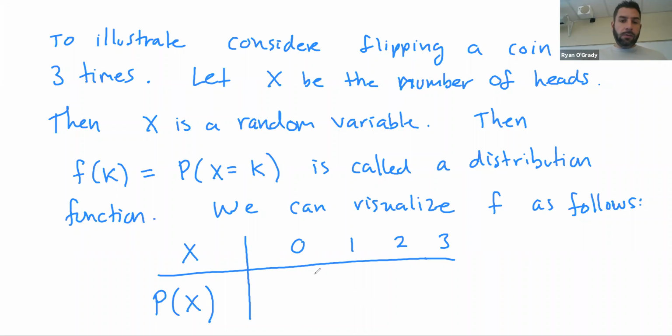So that's 1/2 times 1/2 times 1/2. And so one of the 8 ways gives you that. How do I get 1 head? Well, I can get a head in 3 different positions, first, second, or third. So that is 3/8. And then how do I get 2 heads? Well, that's also 3/8 and then 1/8. So this is, in fact, a probability distribution.